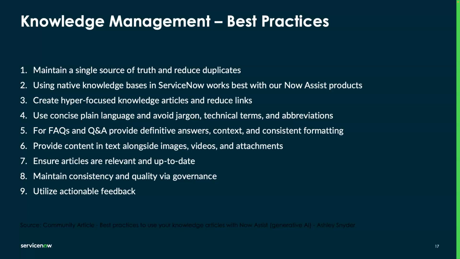I'm creating hyper-focused knowledge articles and reducing links. So there are some customers who 90% of the article content is links out to other knowledge articles or out to other SharePoint, other external sites. Those aren't going to be items that the LLM could crawl and get that information externally when it's just through a link.